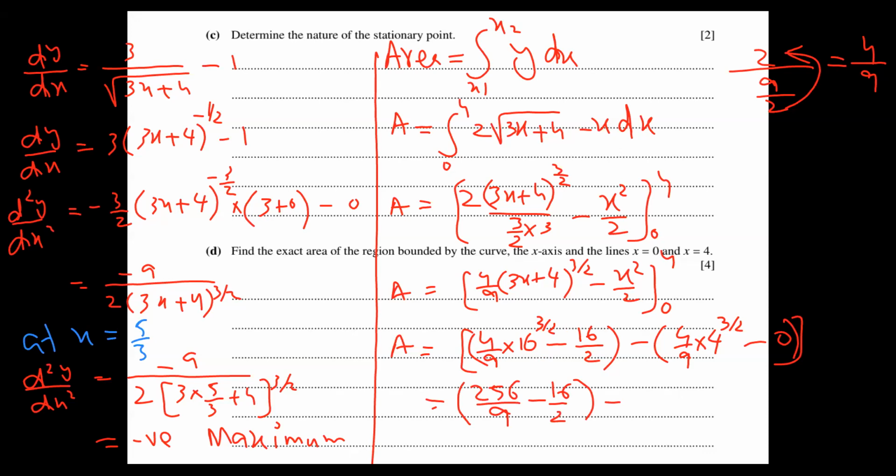It is definitely 8, so 8 times 4 gives 32 by 9. And we are close to our final answer. If I check it, 256 divided by 9, minus 8, and minus 32 divided by 9, the answer turns out to be 152 by 9. Unit square, because it always gives us area, and that whole question is completely over.